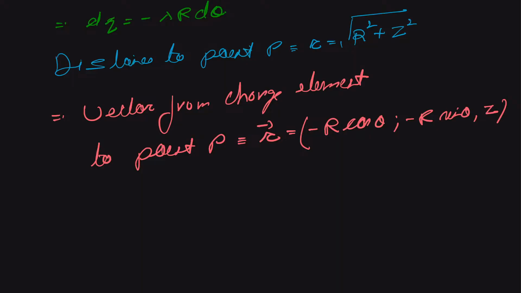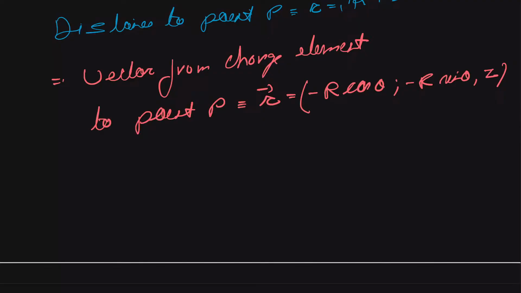Based on this, we know the standard formula of the electric field because of this charge element dq. We can write that the electric field will be equal to k dq over r cube, times the r vector.